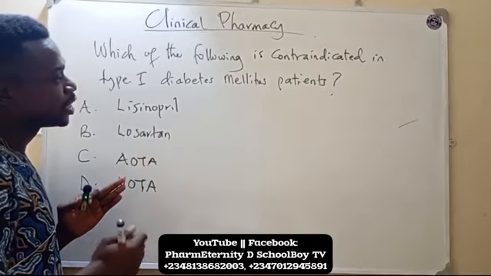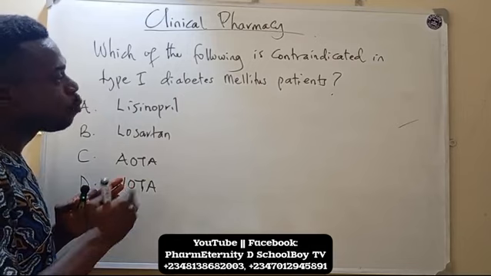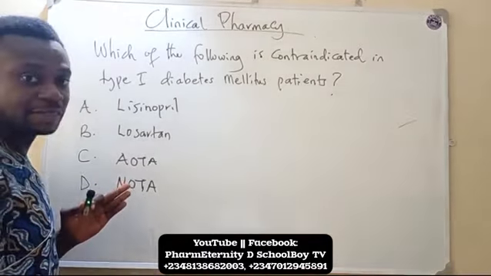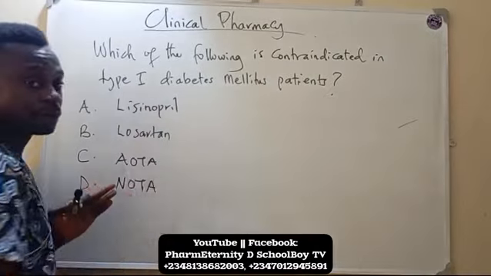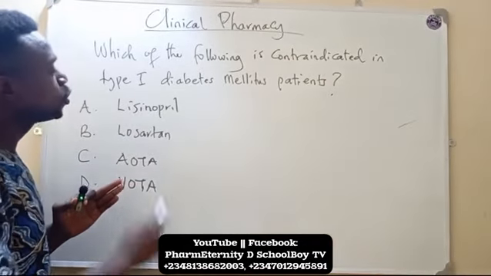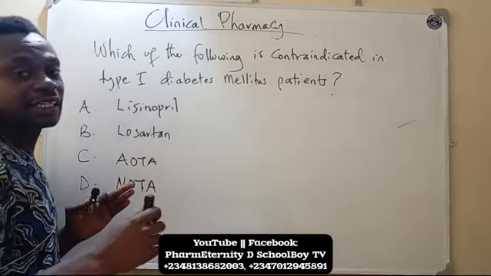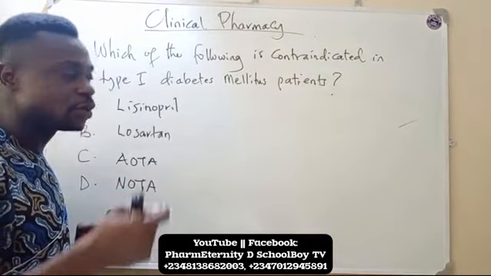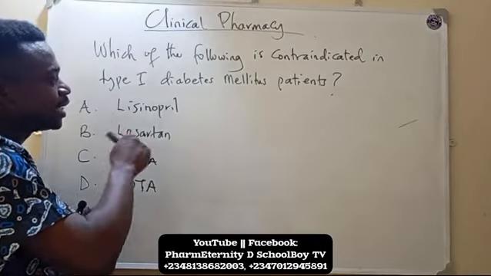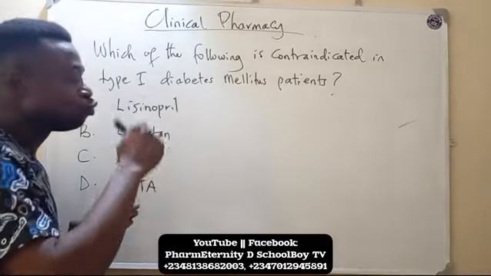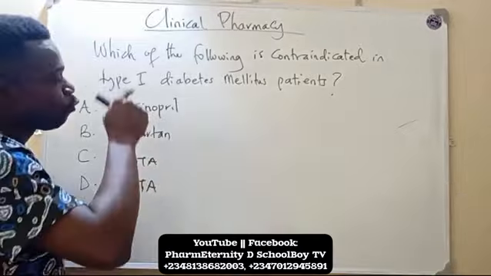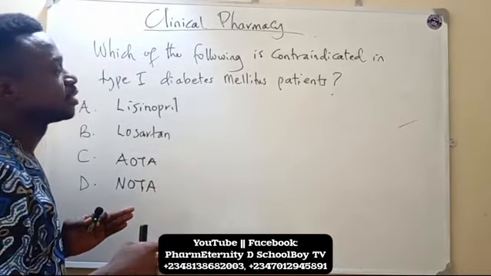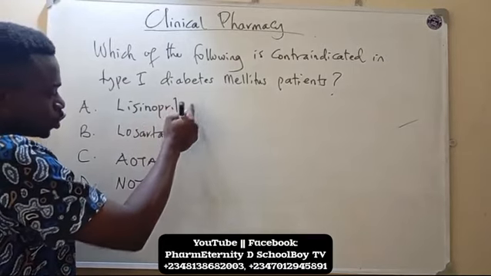So it's a comorbid situation: hypertension and diabetes type 1. For such patients who have type 1 diabetes and hypertension at the same time, what drug should we not use? What antihypertensive should we not use in such patients?